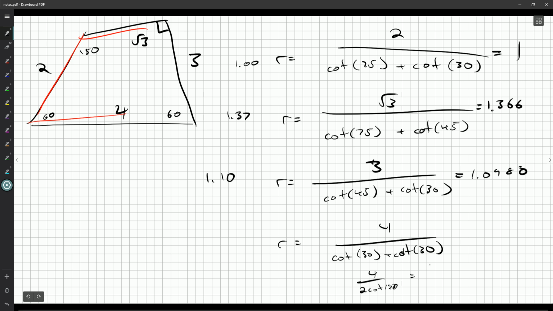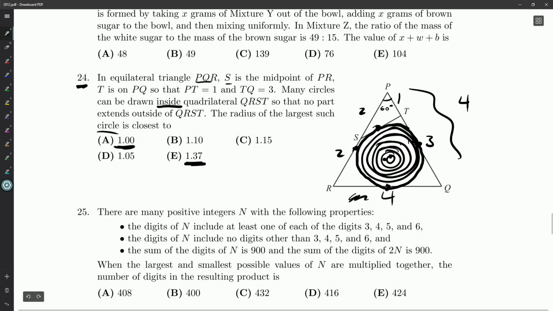So really this is just 2 over cotangent 30. And I could speed things up slightly. So it's really just 2 times tangent of 30 degrees, which would be 1.1547. So I guess we'll round it down to 1.15. And if we look, so we definitely know D is out. But we've got the other answers are available.